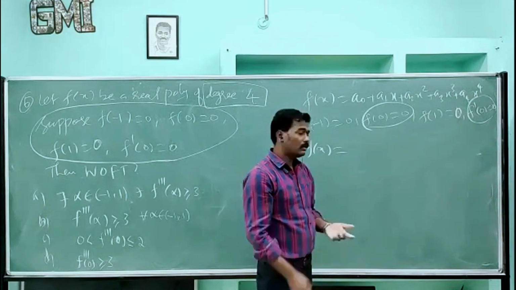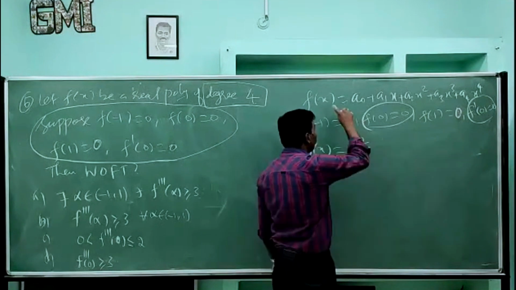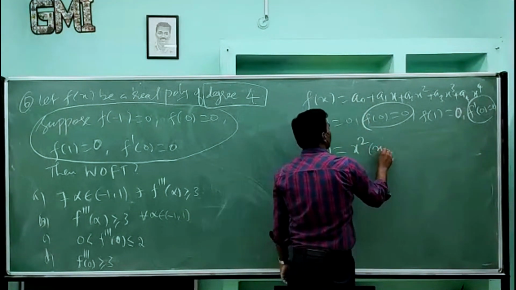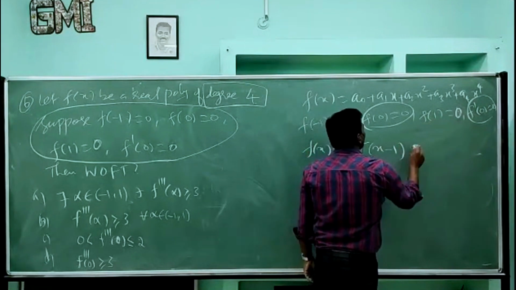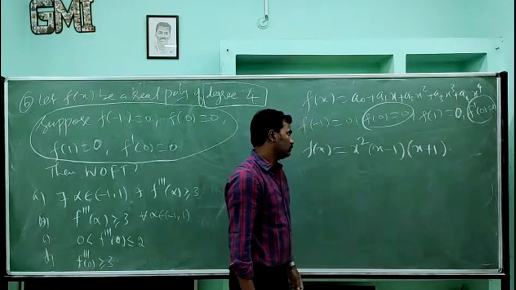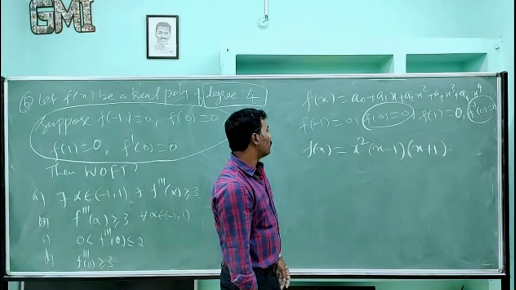So the polynomial should be x square, times x minus 1, times x plus 1. This is your polynomial.